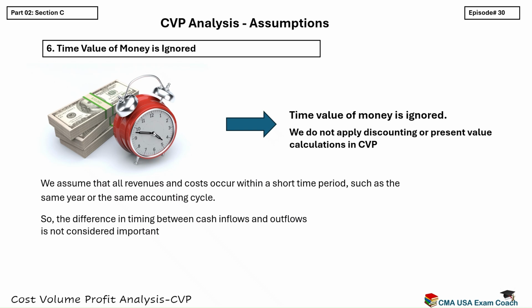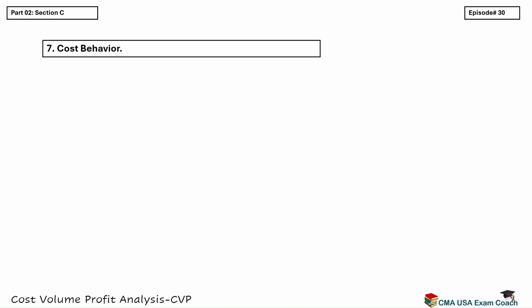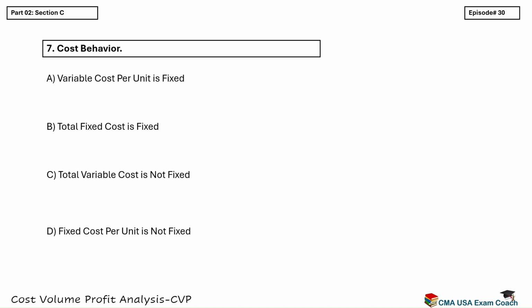Let's now look at another important set of assumptions in CVP analysis related to cost behavior. There are 4 major assumptions under this category, and it's important to understand the difference between them clearly. First, variable cost per unit is fixed. This means that for every single unit of product sold or produced, the variable cost remains exactly the same.